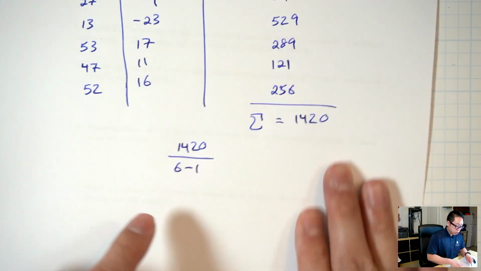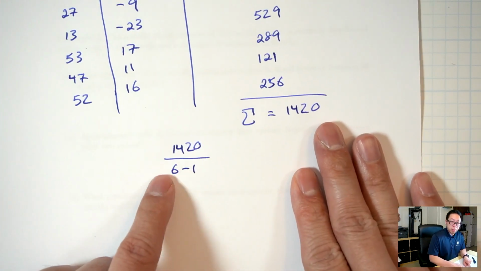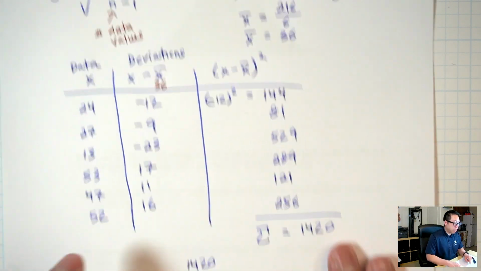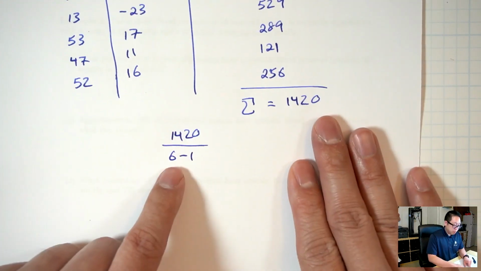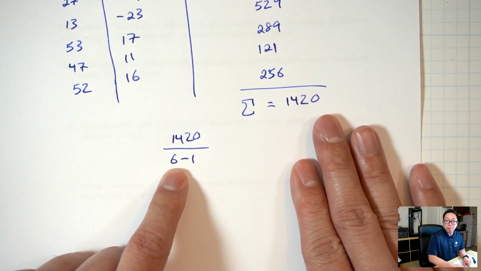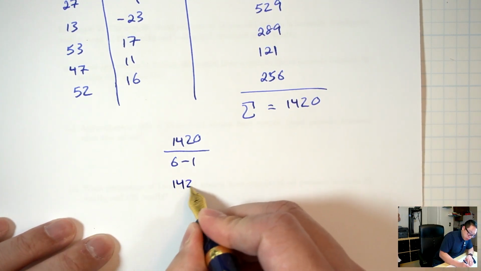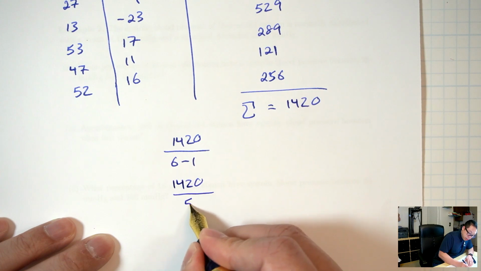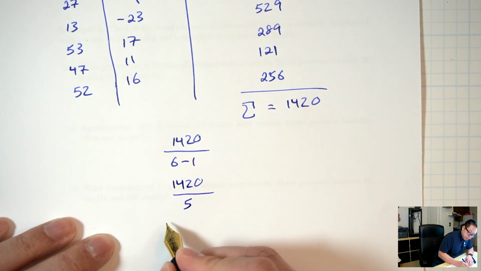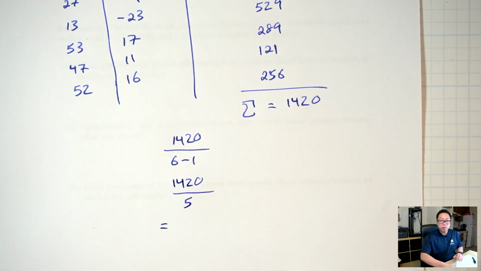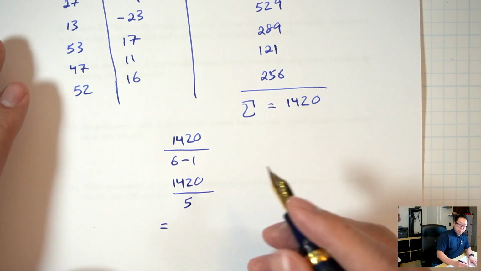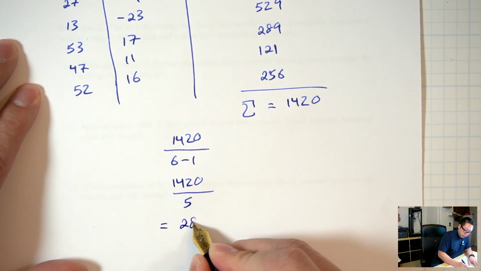The sample version, you divide it by the number of data values minus 1. The population version, you divide it by the 6. So there's not a minus 1. Okay, so we're going to do 1420 divided by 5. So 1420 divided by 5 is 284.